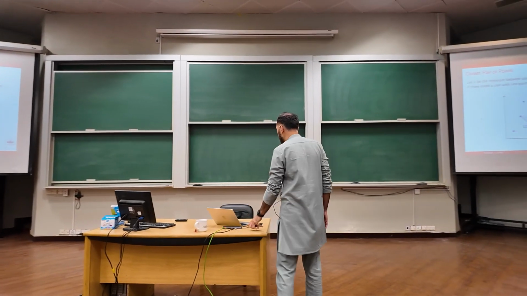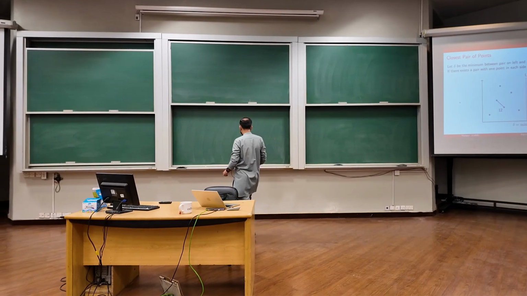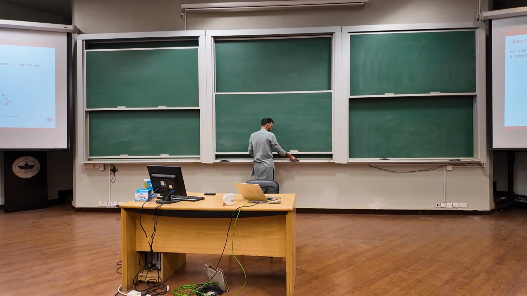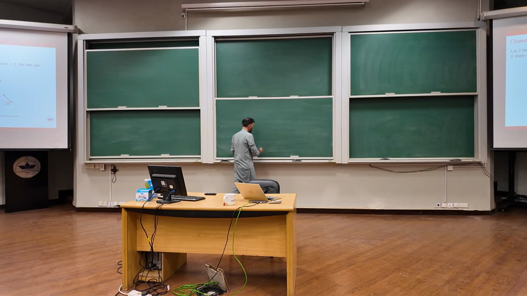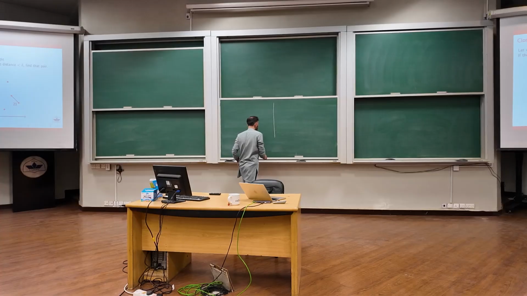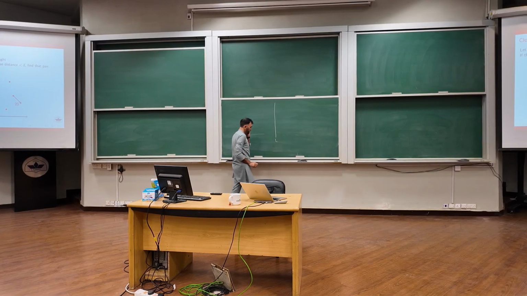Okay, let me make a figure here. So I have some points on the left and some points on the right, and I have a line L in the middle.